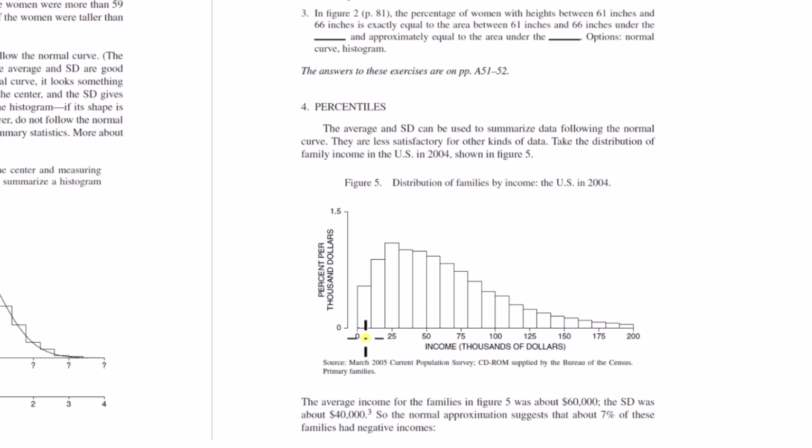Now, what's the 50th percentile? Pause the video. If you've been following the course up to this point, you should be able to answer this. What number are we going to land on? Don't say the average. What is the point on the horizontal axis where 50% of the area of the histogram is to the left and 50% is to the right?